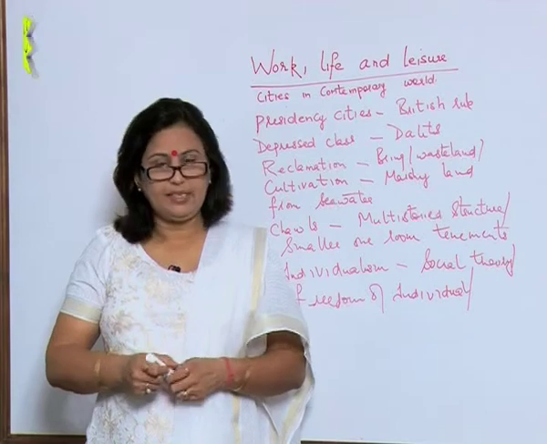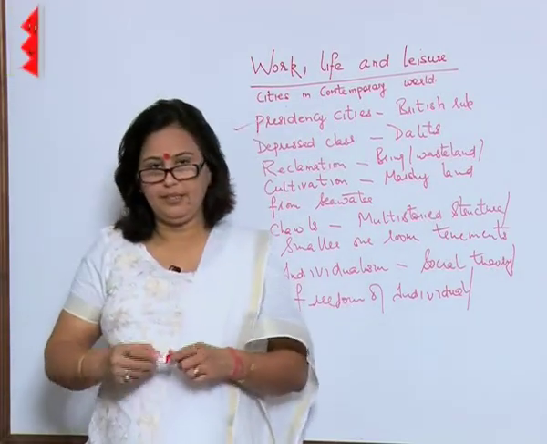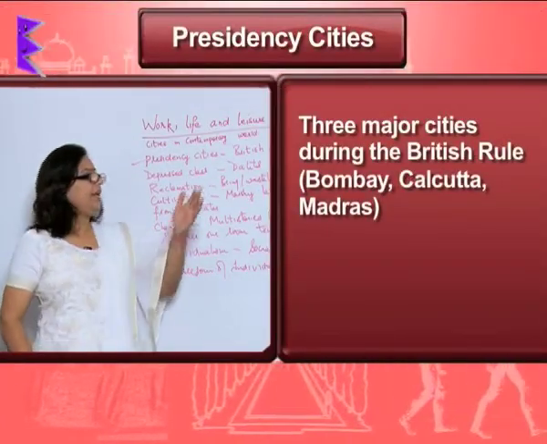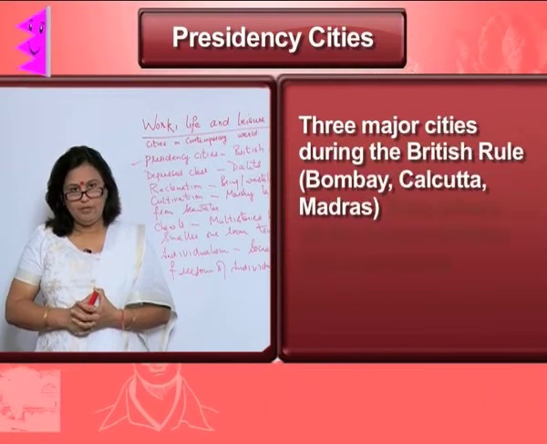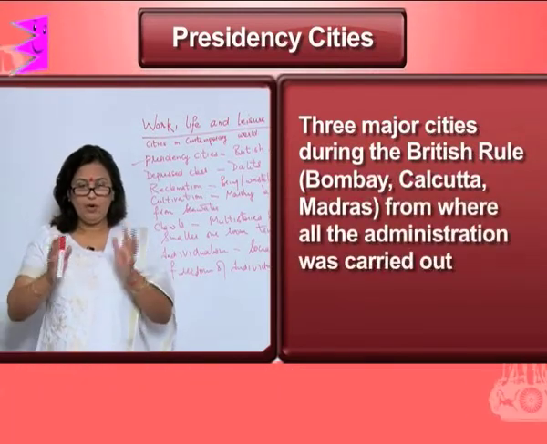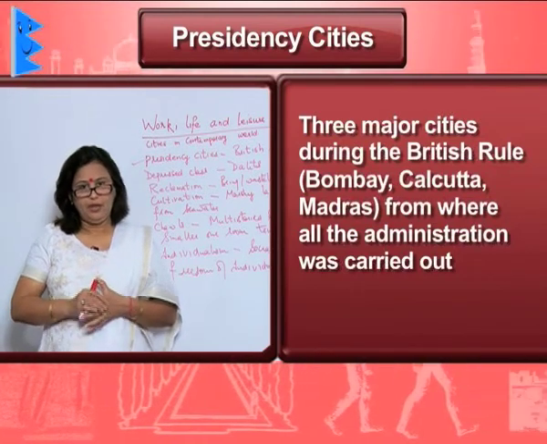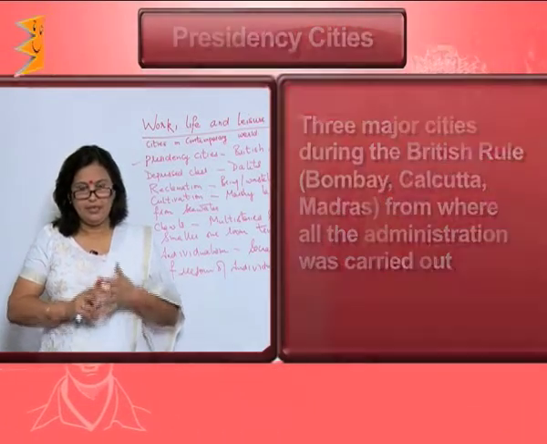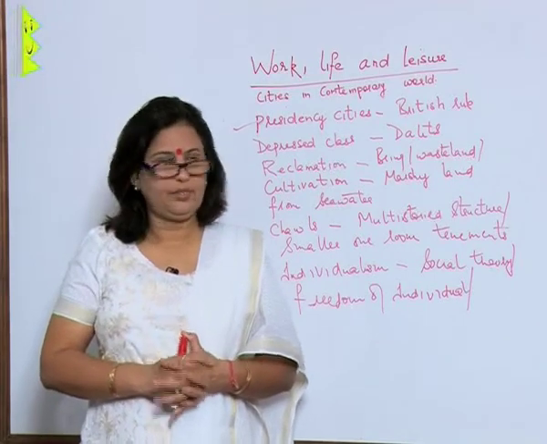Now, the next term which you must know is presidency cities. Presidency cities were the three major cities during the British rule, from where actually all the administration was being carried out. It was Bombay, Calcutta and Madras. They can be better called administrative towns.